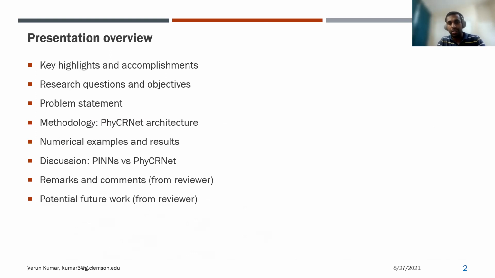And then I'll be talking about the architecture for PhyCRNet, the methodology that was used. In this paper, researchers have presented numerical examples for 3 PDEs, and they have presented results for these 3 examples. So I'll be going over the results and some of the findings from this work.